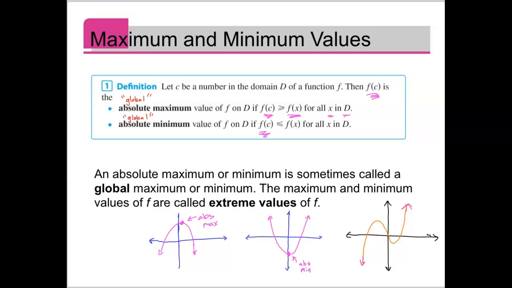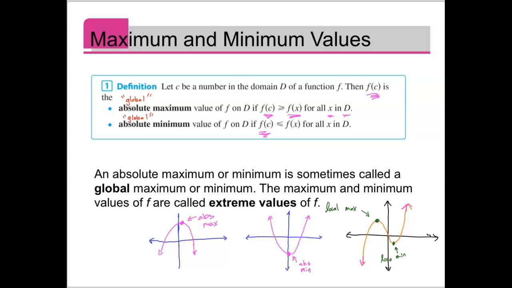So there's no absolute maximum or absolute minimum, but we still have this interesting behavior here and here, right? And so that's not an absolute max, and this is not an absolute min, but it is a type of maximum, and it is a type of minimum, and we call them local. That's a local maximum, and this is a local minimum.